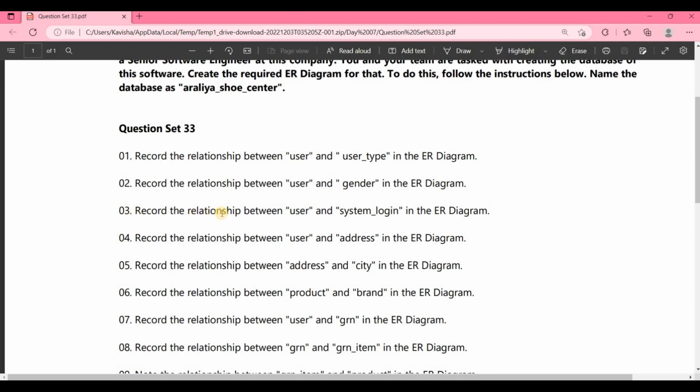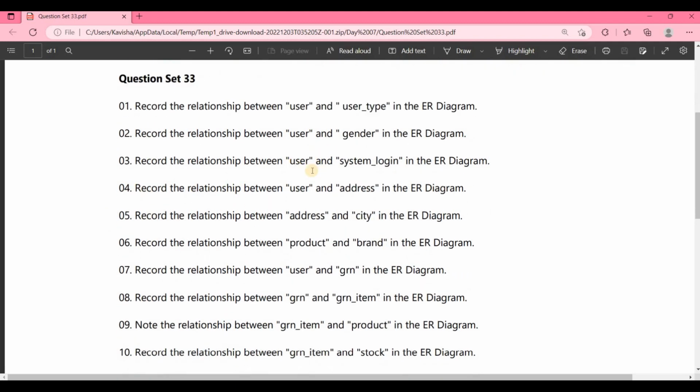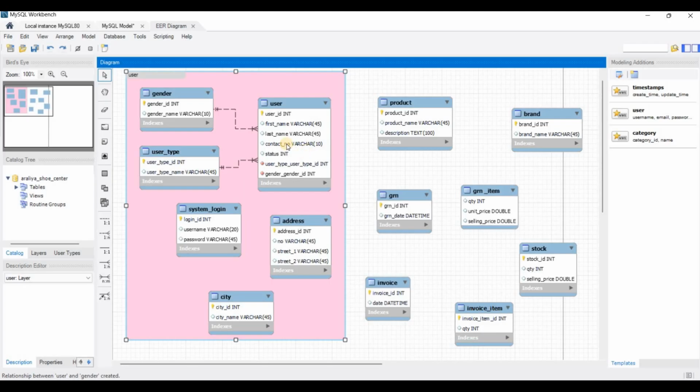In the third question, we have to make the relationship between user and the system login. So let's see. So in this question, here's the user table and here's the system login table. When we get the user table and the system login table, only some particular users have accounts in the software.